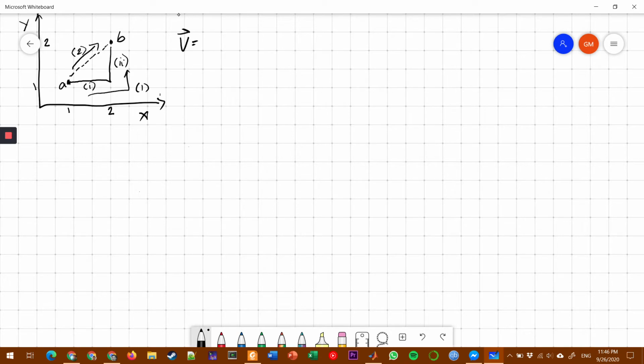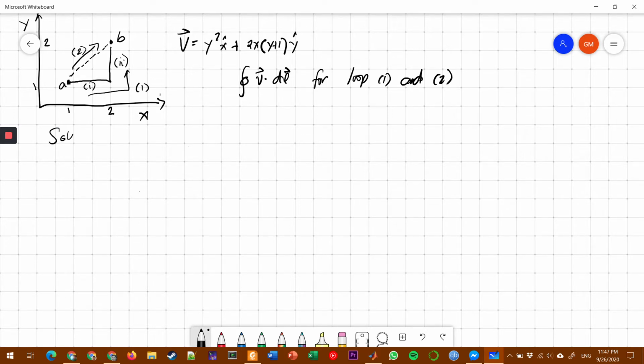So we have y squared x hat plus 2xy plus 1 y hat, and then we want to find this integral, right? v dot dl for loop 1 and 2, right?